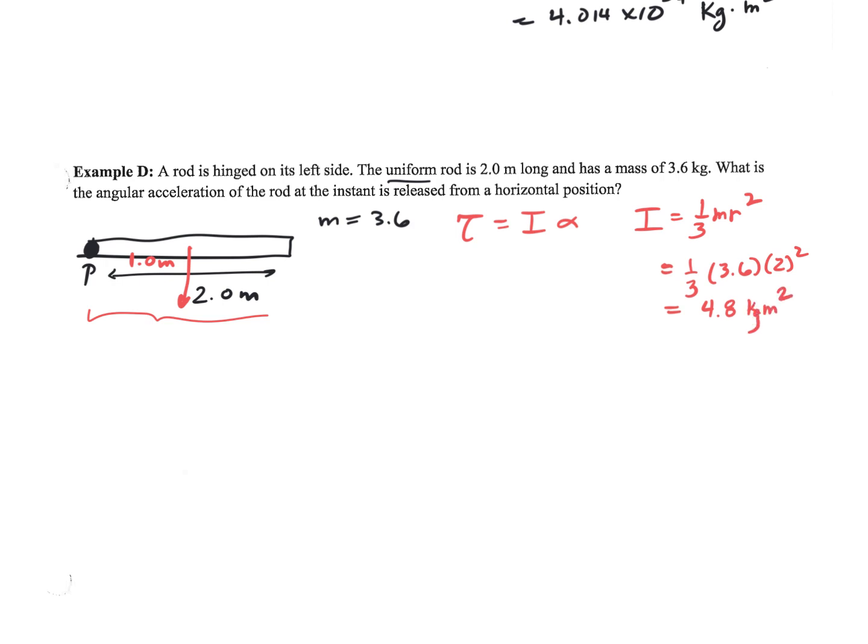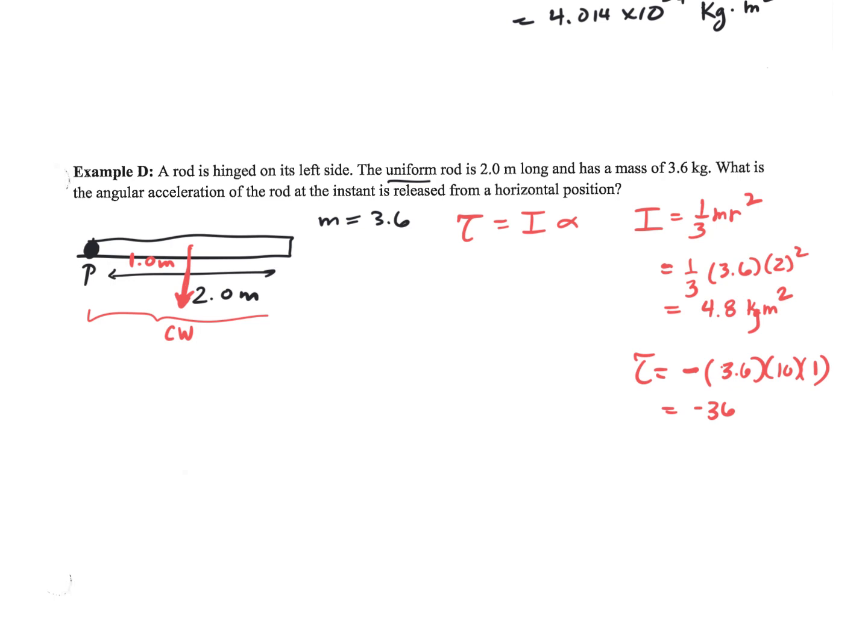We don't know alpha, and we need to find the torque now. The only acting torque is going to be the weight of this rod acting down. It's going to go clockwise, so it is a negative torque. The force, which is the mass, 3.6, times gravity, 10, times the distance from the pivot, which is 1, gives negative 36.